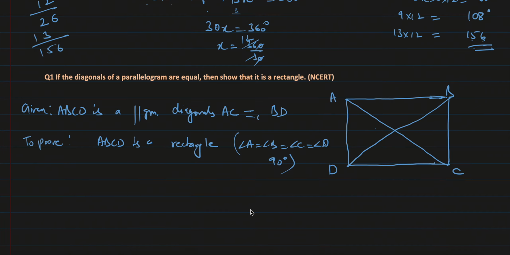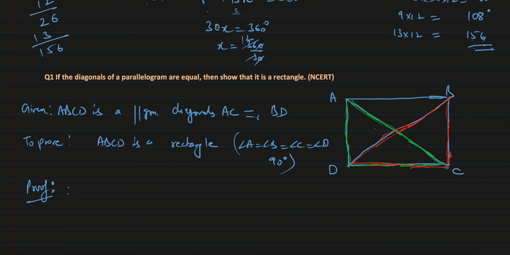Yeah, so let's begin. What should we do actually? If you have any idea what we have to do after proving so many things, you should be knowing. We need to prove two triangles congruent. Now which two triangles? Let me color them with different colors here. Triangle ADC and triangle BCD.